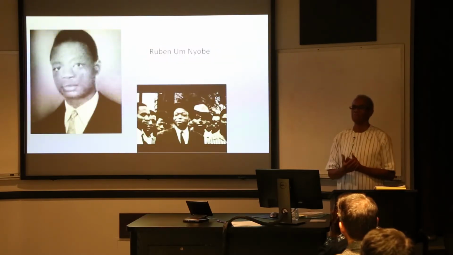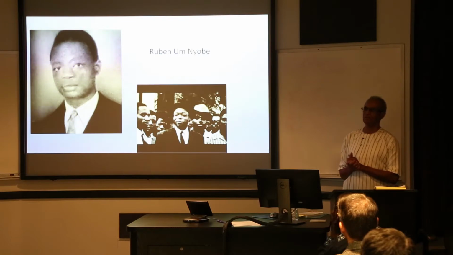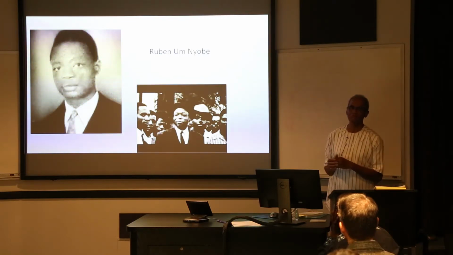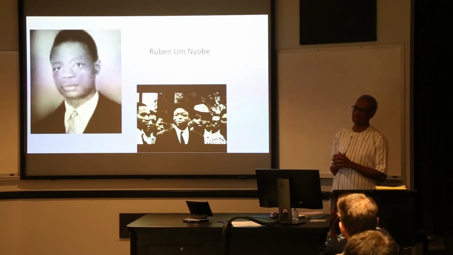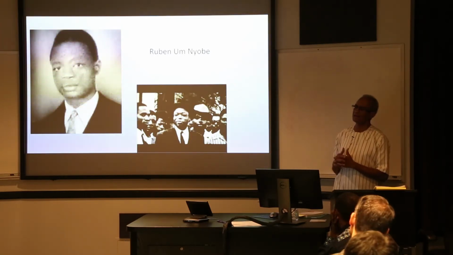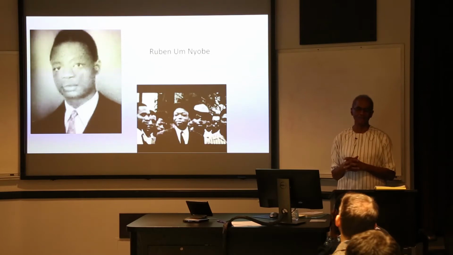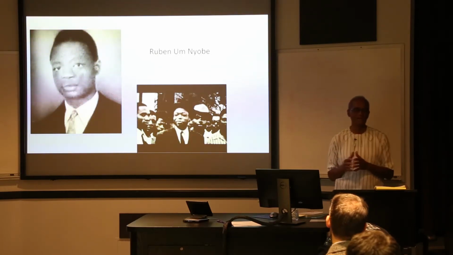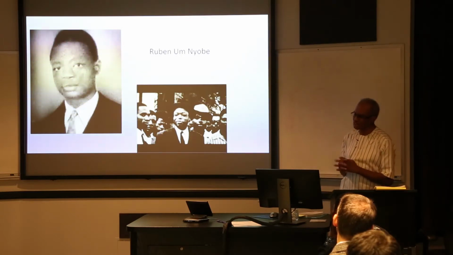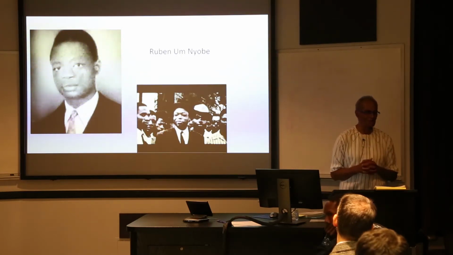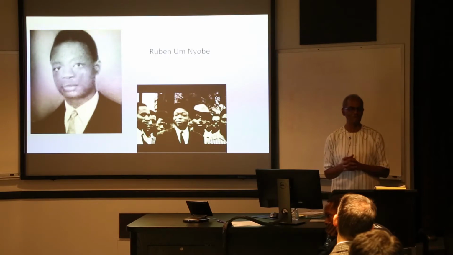Reuben Umniobe, he's unfortunately somebody who would not be known to many of you. Reuben Umniobe was the leader of the nationalist movement in Cameroon. Had Umniobe been the leader of an anti-colonial movement in a former British colony, there's a very good chance that, like Nkrumah and Kenyatta and the others, he would have been arrested.